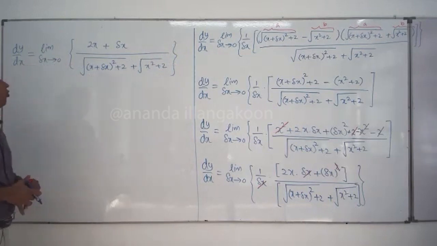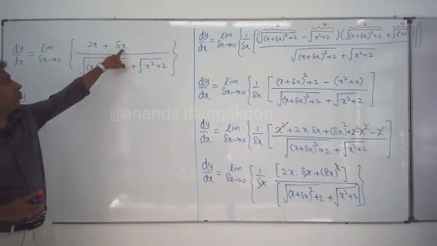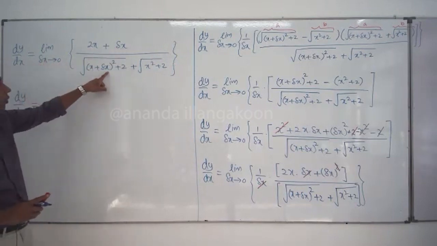Now we have to put 0 for every delta x. Right, here we have delta x, therefore it is 0 because delta x is 0 now. Here also 0.